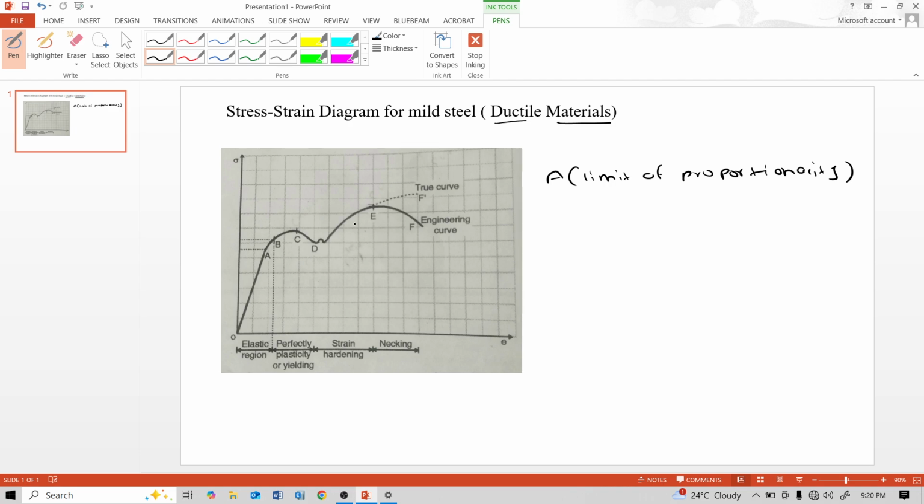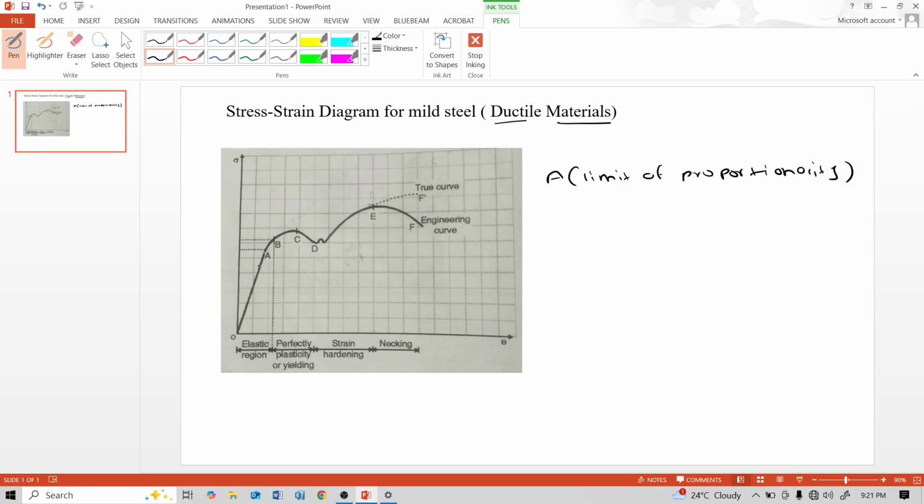So in the range of OA, strain is proportional to stress and the graph is a straight line. See, as stress increases, strain also increases proportionally.